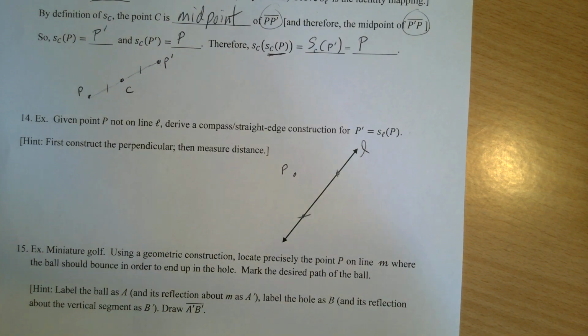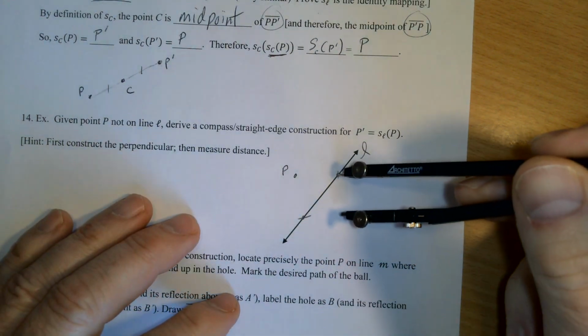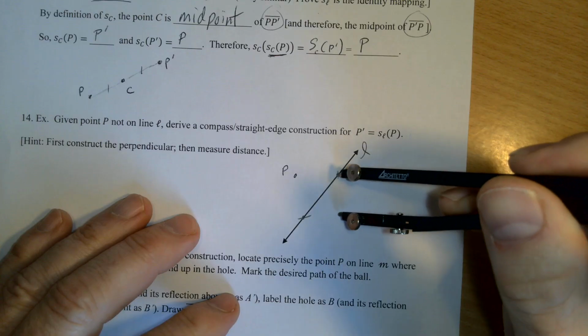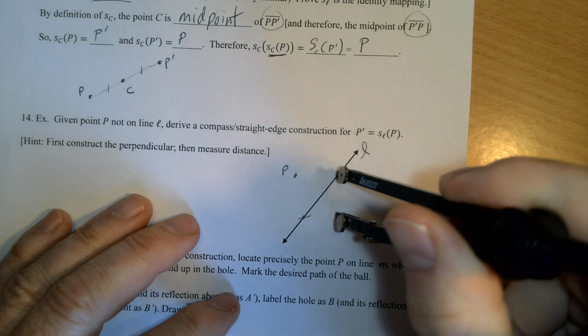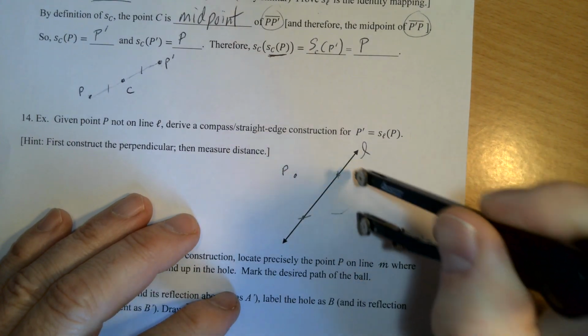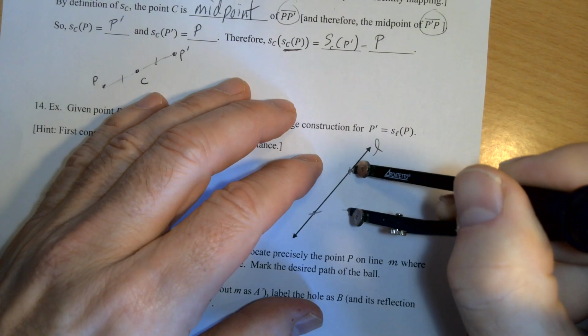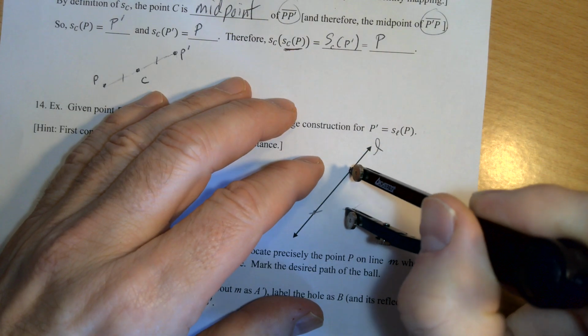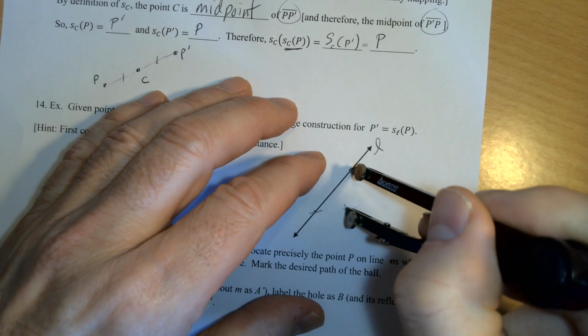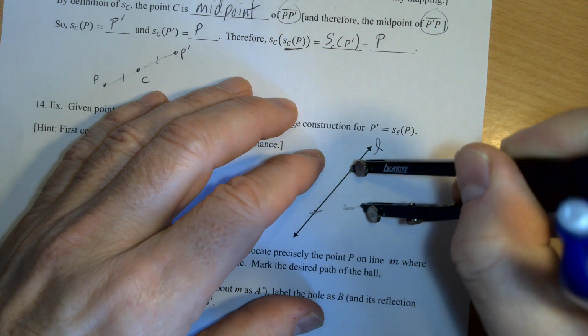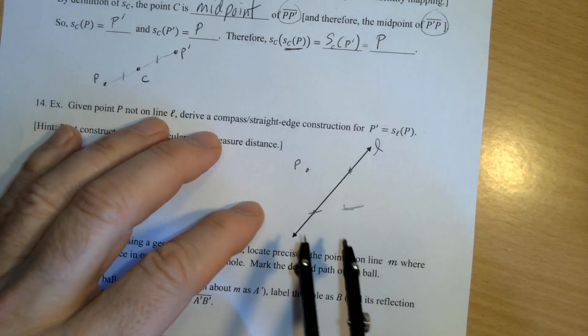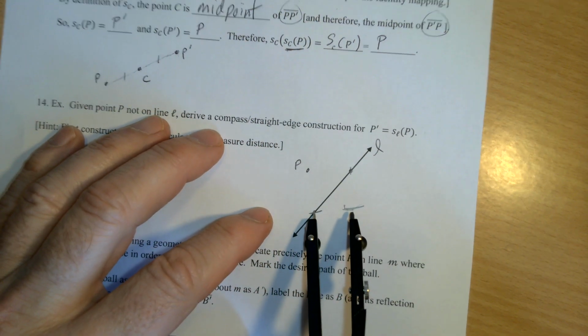Now I'm going to use my compass from this first created point. Draw an arc. Harder than it looks. And then draw an arc from this one as well.